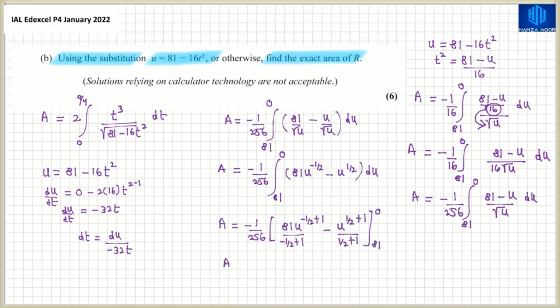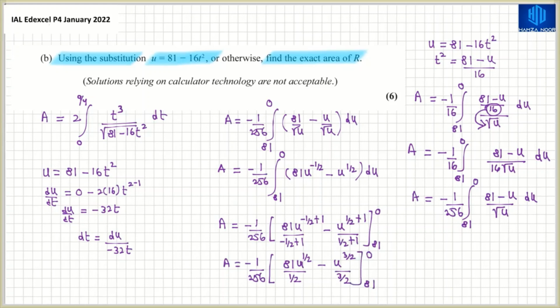So therefore area is equals to minus 1 over 256 is completely multiplied by 81 times u raised to the power half divided by half minus u raised to the power 3 over 2 divided by 3 over 2, with upper limit 0, lower limit 81.